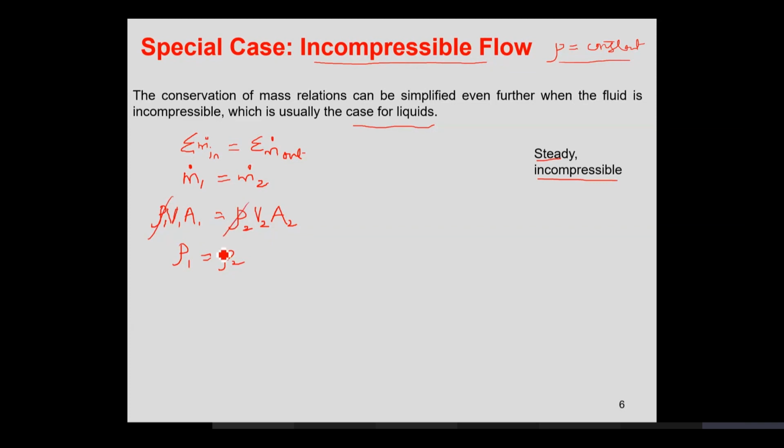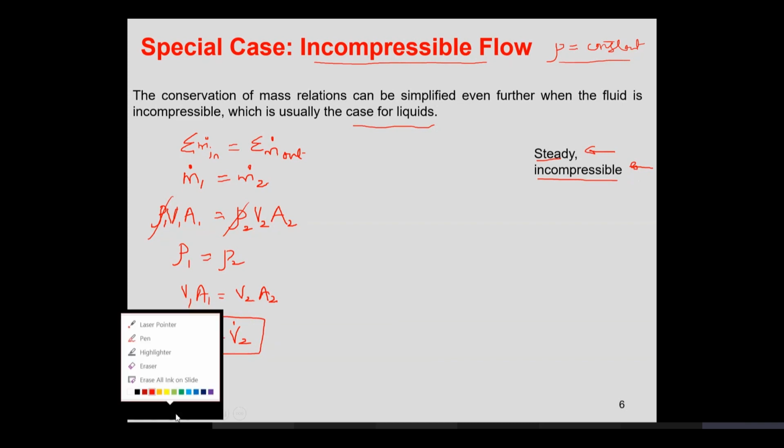These two would cancel out, and you would have V1A1 equals V2A2. That means the volume flow rate at 1 is equal to the volume flow rate at 2. This is what you derive if you have steady state flow and an incompressible substance. This is the equation that you develop.